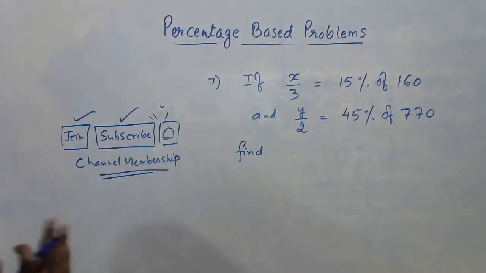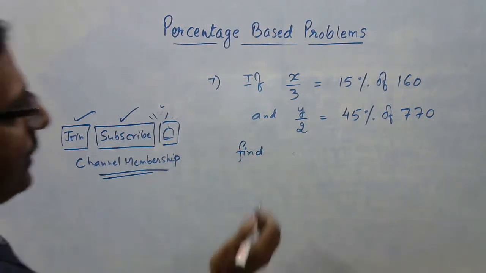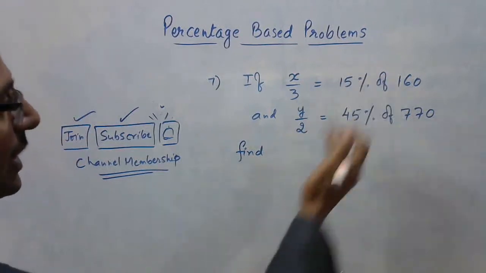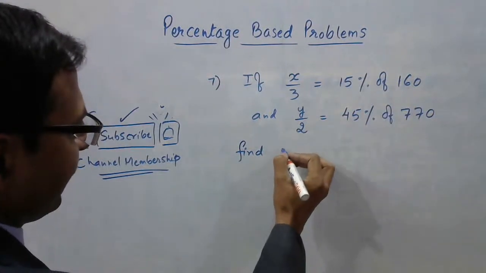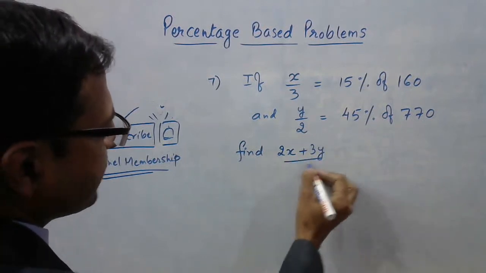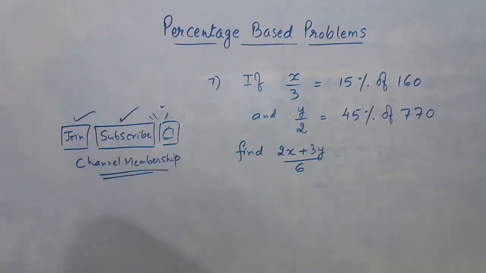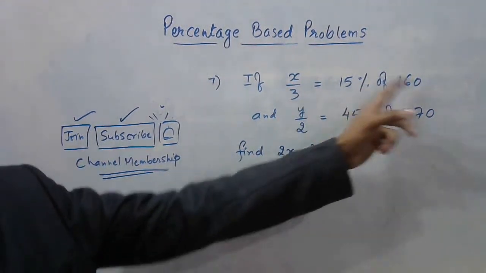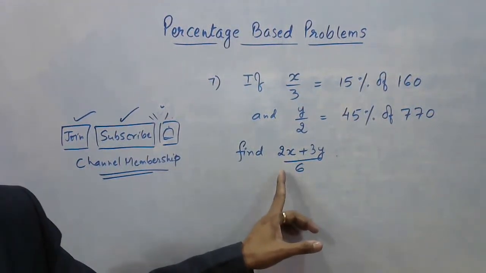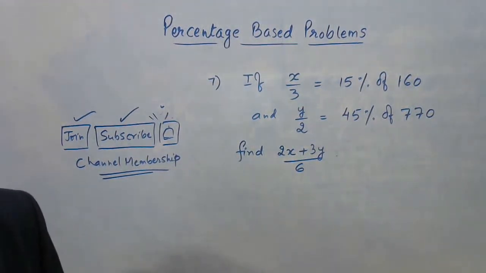Now we need to find something here. Very easy question. Don't worry about what we have to find. Just get on with the percentages first. We have to find the value of (2x plus 3y) upon 6. So if x upon 3 is 15% of this and y upon 2 is 45% of this, you need to find the value of (2x plus 3y) upon 6.